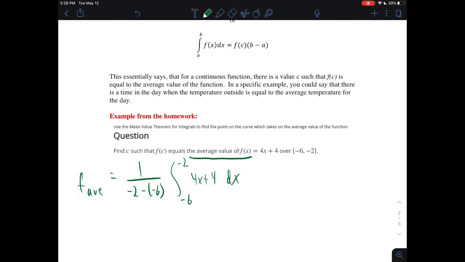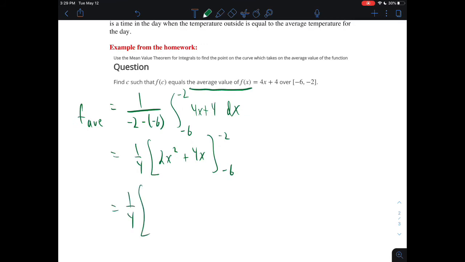So then the fraction out front becomes 1 over -2 plus 6, so 1/4. My antiderivative of 4x is 2x squared. Antiderivative of 4 is 4x. And then we're going to plug in -2 first and -6 second.